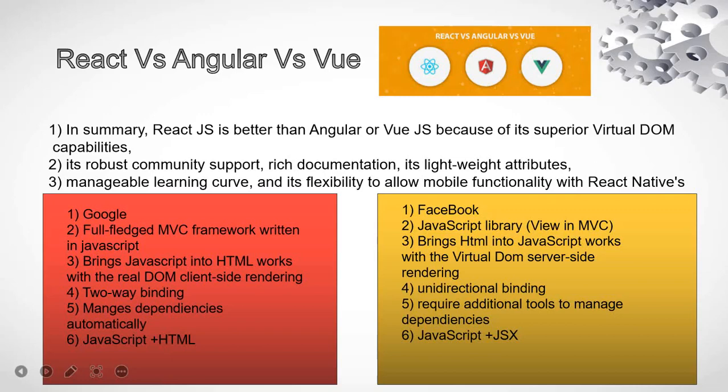The real DOM is a little bit risky, and your programming also slows down, not performing that well. It is an optimization and performance issue. It has two-way binding and manages dependencies automatically. That means you can't use any third-party library in Angular.